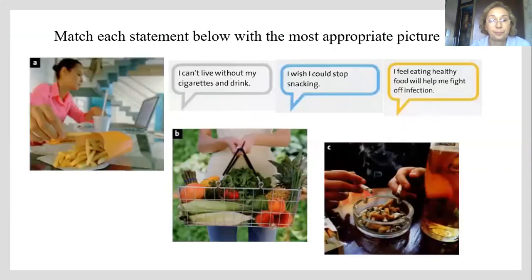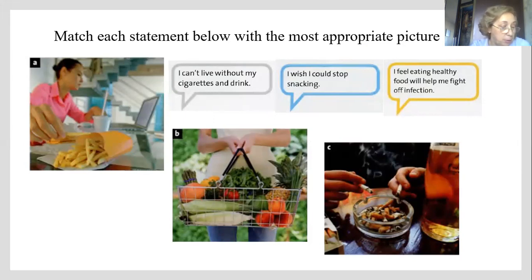Let us look at the first set of pictures here. You can see the pictures and the phrases, some statements, and let us match the statements and pictures.